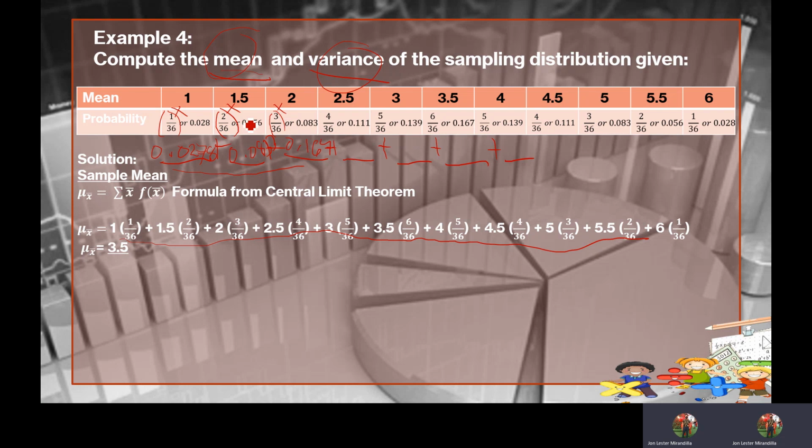0.167. Then dito naman sa 2.5, kunin nyo rin yung values dito. Then sa 2.5 times 4 over 36, so 2.5 times 4 out of 36 is 5 over 18, or 0.278.